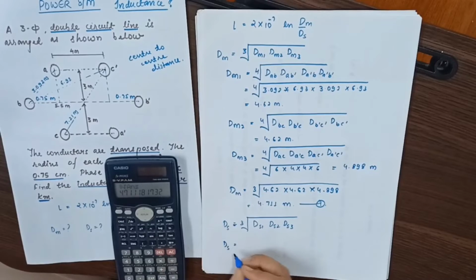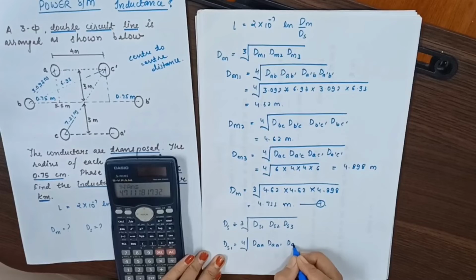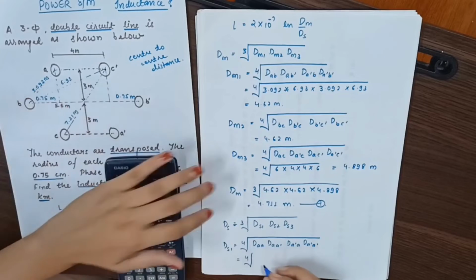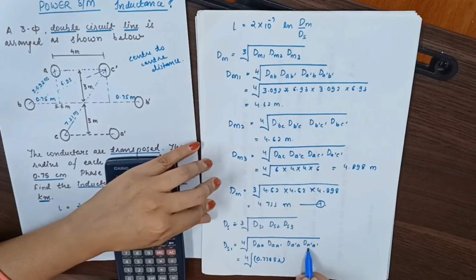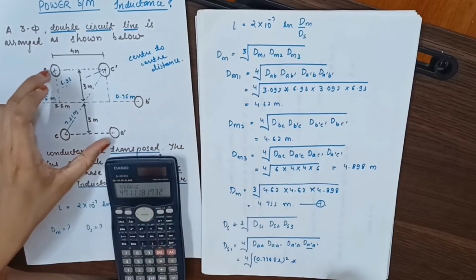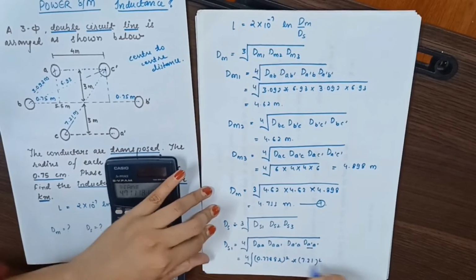Now Ds1 is between the first phase, so AA: DAA, DAA dash, DA dash A and DA dash A dash. Here the self GMR is 0.7788 r. Just don't forget this term 0.7788 r, into 7.21 meters, whole square.